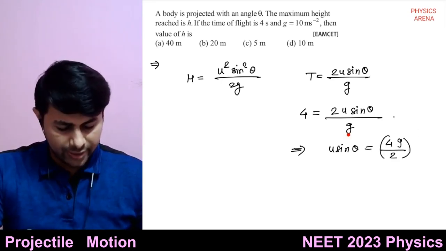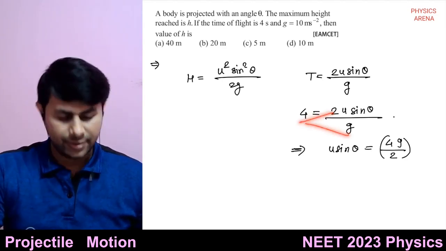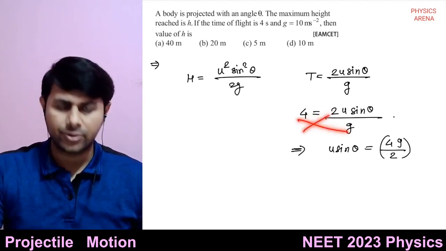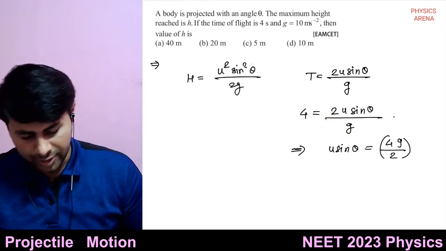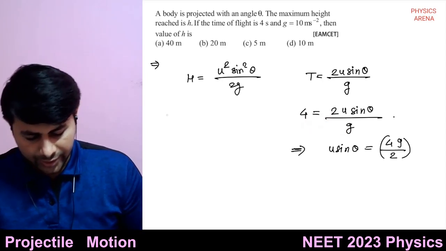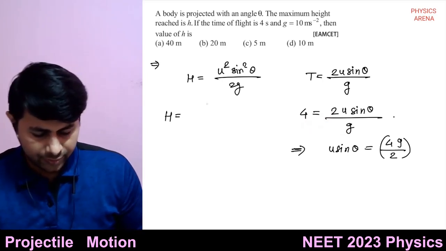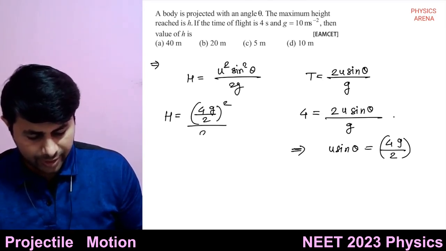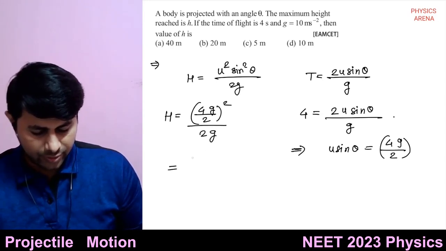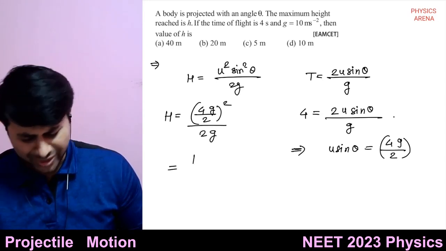I take g to this side, 2 to this side, so g goes to the numerator and 2 goes to the denominator. Substitute that, and you get h is equal to 4g upon 2 square divided by 2g.